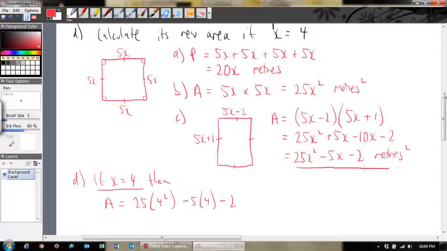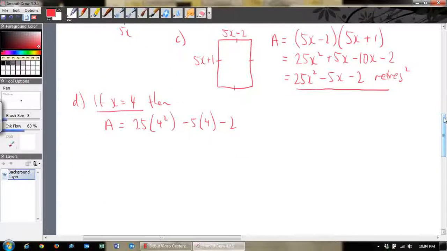Okay, this looks like a bit of a horrible calculation, but let's do it. So this is 25 times 16 minus 20 minus 2. 25 times 16, well, if I multiply that by 4 and divide that by 4, that would be the same as 100 times 4.